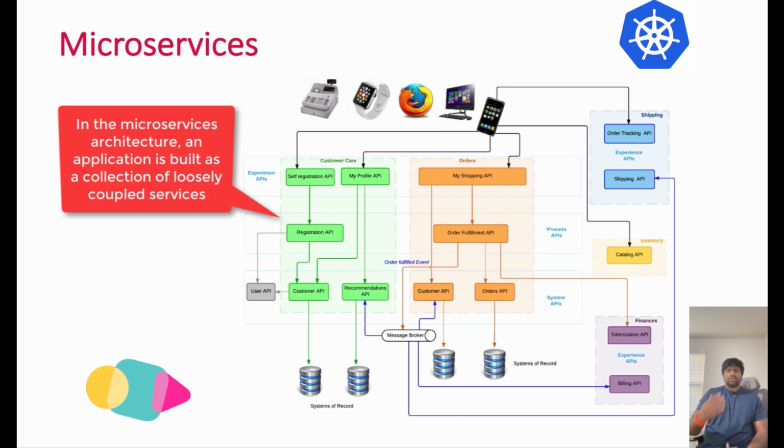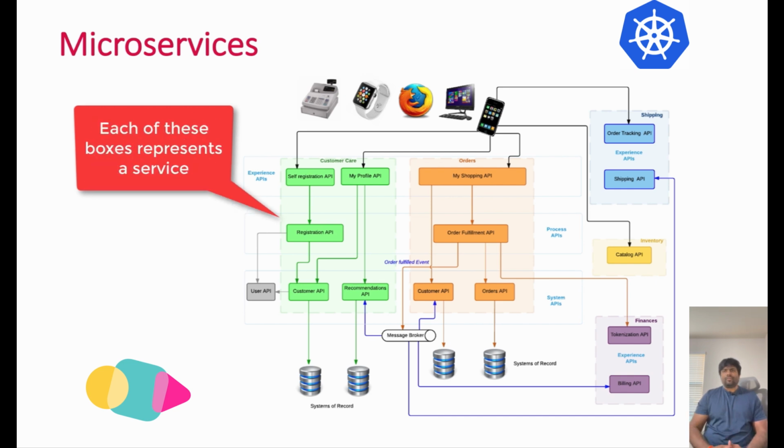Each box shown here represents a service, and it is an independently deployable application containing one or more Docker containers. If this application was monolithic, you would have a single deployable software package with all these capabilities very tightly coupled.